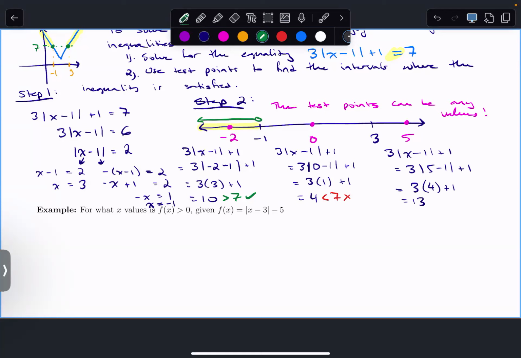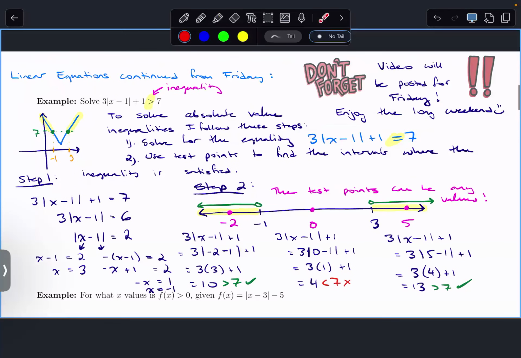And 13 is greater than 7. So that's true, which tells me that this interval is also appropriate, but not including 3, because that's where it's equal to 7. And from this inequality, we wanted it strictly greater than 7.